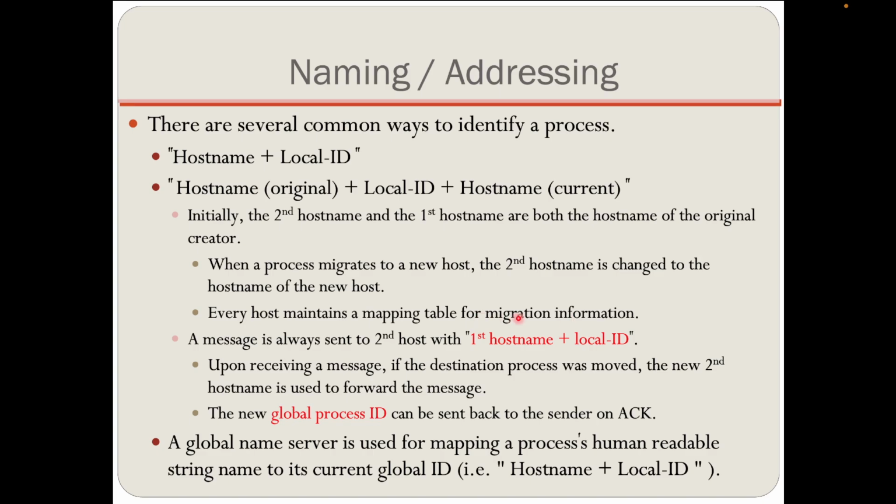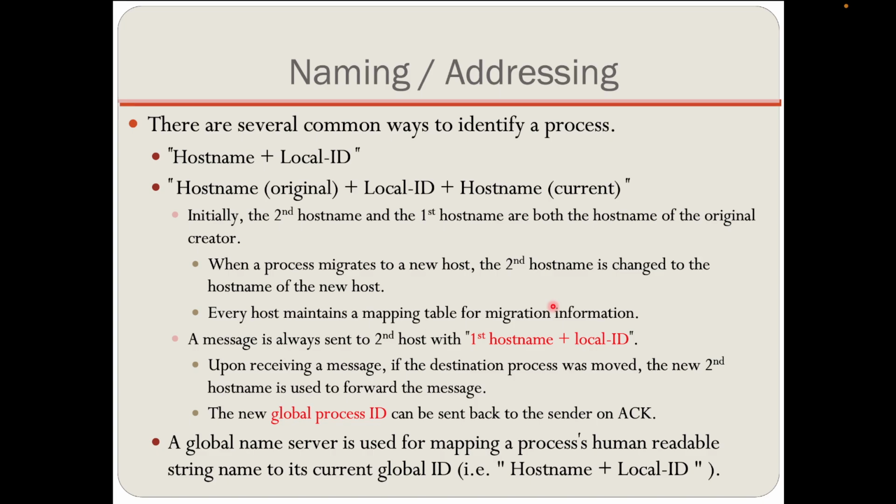So you just forward this message to that migrated host. This forwarding can be continued, because when you forward the request to that particular host, the process may move to others as well.